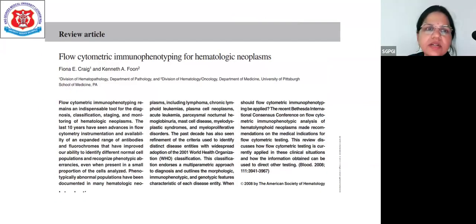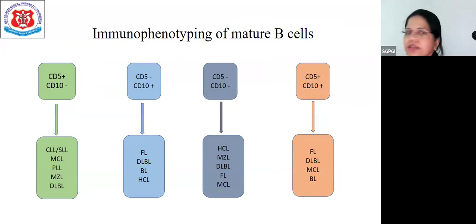So this is a very good article by Craig and Foon on the flow cytometric immunophenotyping of hematological neoplasms, where they have classified the mature B cell neoplasms with the help of CD5 and CD10. So in the subsequent three to four cases, I will tell you how to use this classification.